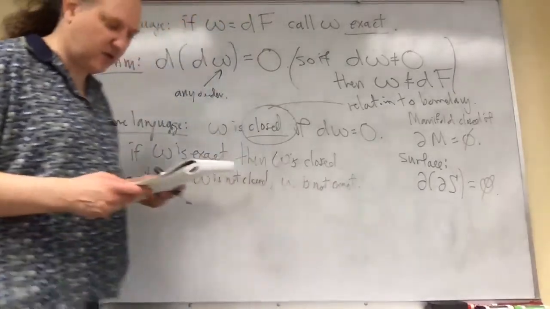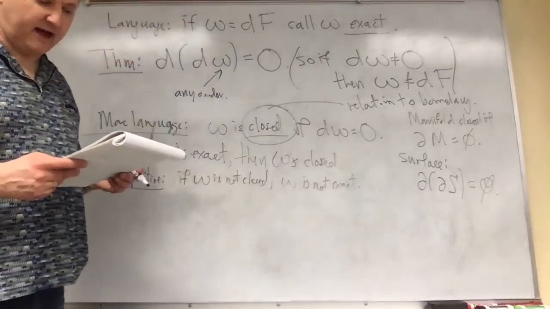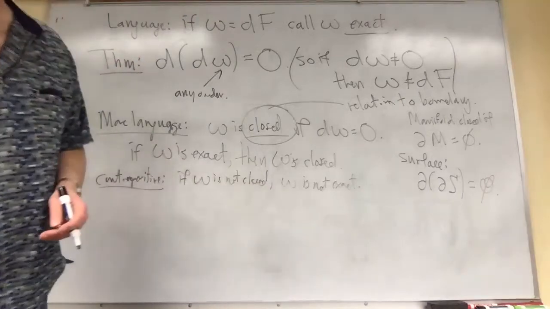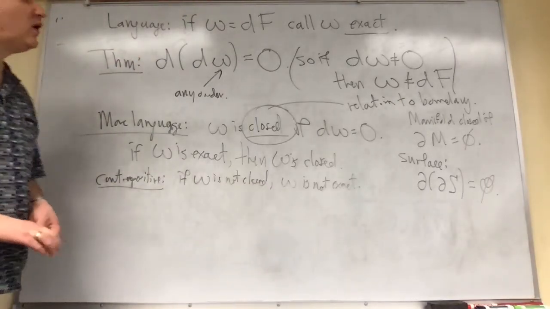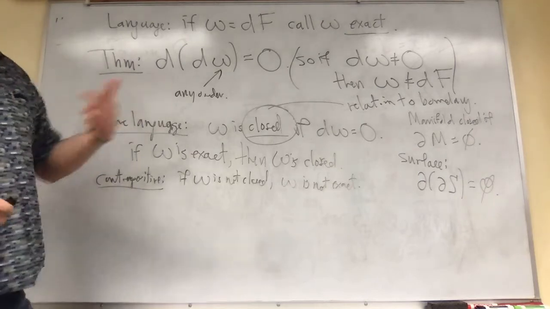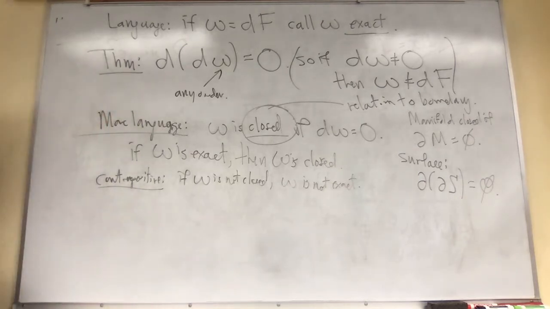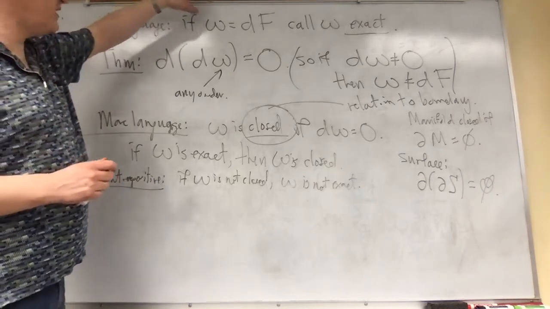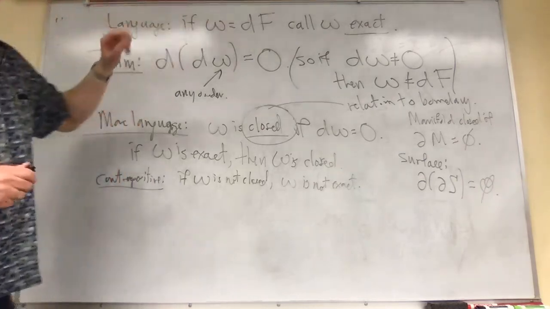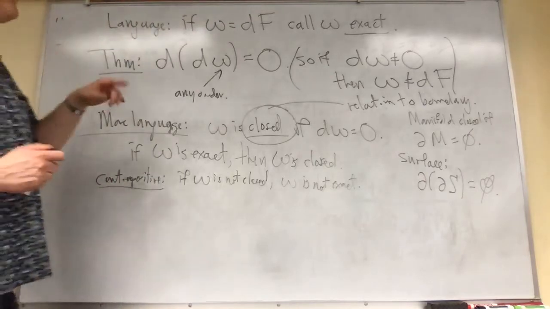Yeah, I'm thinking we should probably wrap up here now. It's worth noticing we have a lot of if-then statements. If a differential form is exact, then the integral is independent of path.